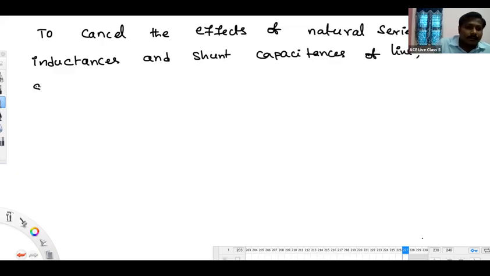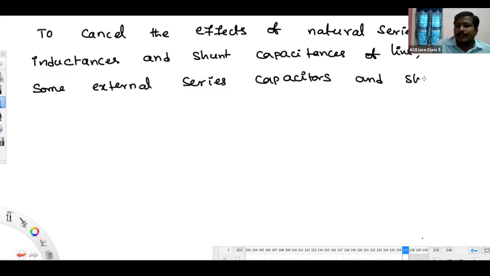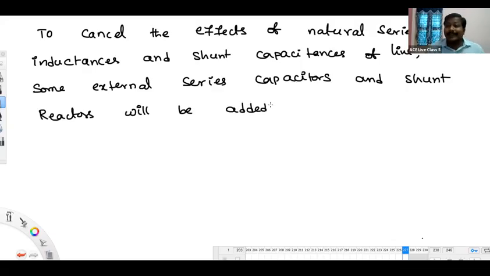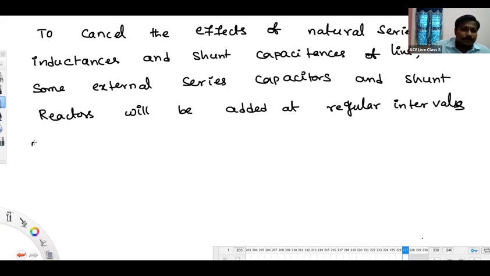Some external series capacitors and shunt reactors will be added at regular intervals of the line.